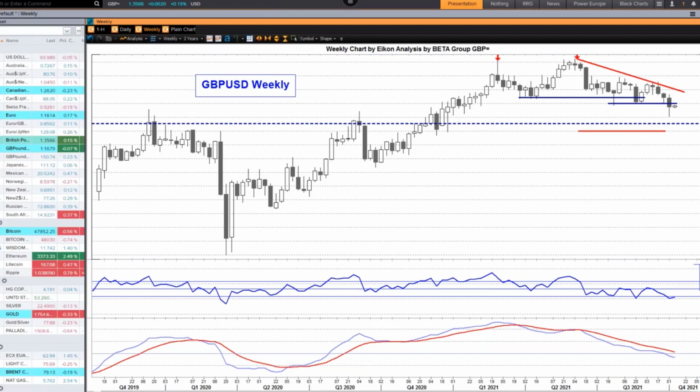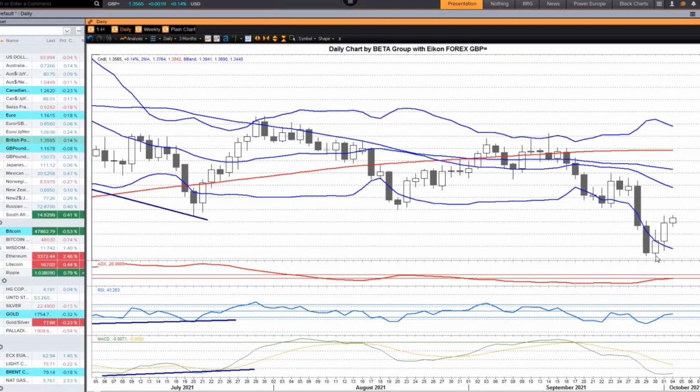Right down here, but we've also got, on the daily chart, resistance at 135, support, sorry, 134.10 down here. But, you know, there's a lot of resistance. These two resistance points in here are ahead of us.